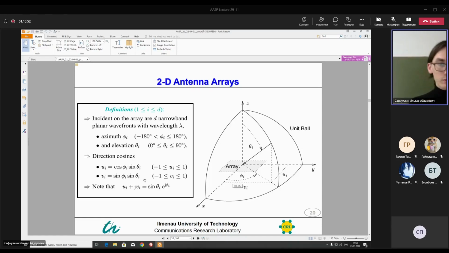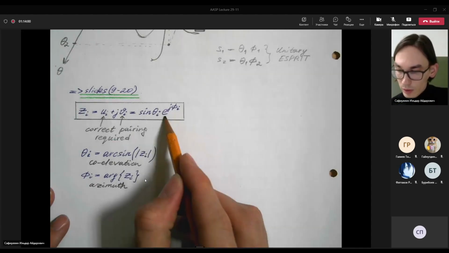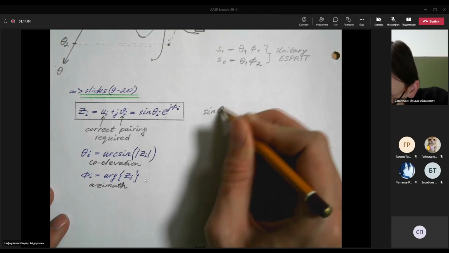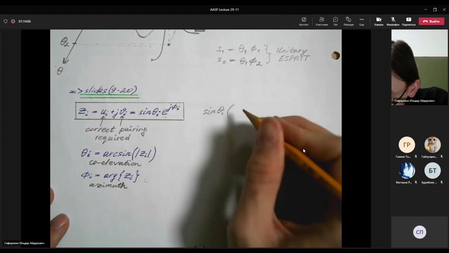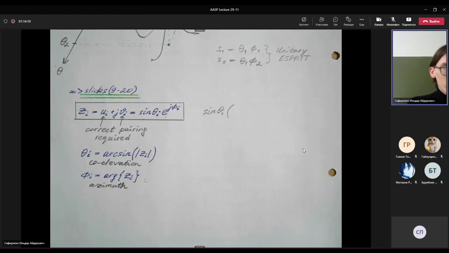And in the same way, we can rewrite this as, let's see, it is cosine first.